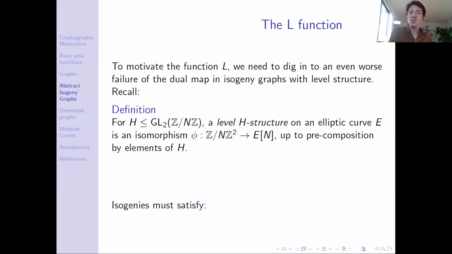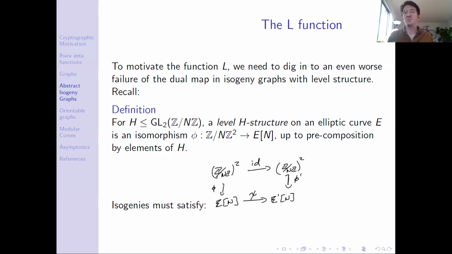And so what should isogenies between curves with level structure satisfy? Well, they should satisfy some sort of commutative diagram that tells you that the isogeny respects the level structure. So say you have an isogeny psi on the bottom here, some isogeny from E to E prime. So it takes the N torsion on E to the N torsion on E prime.